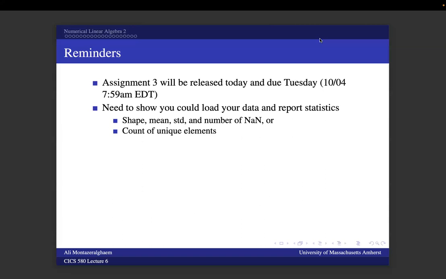So for the next step, you need to load your data, which would be necessary for the next step that you have for the project. So don't forget to start working on assignment 3 early and ask questions.